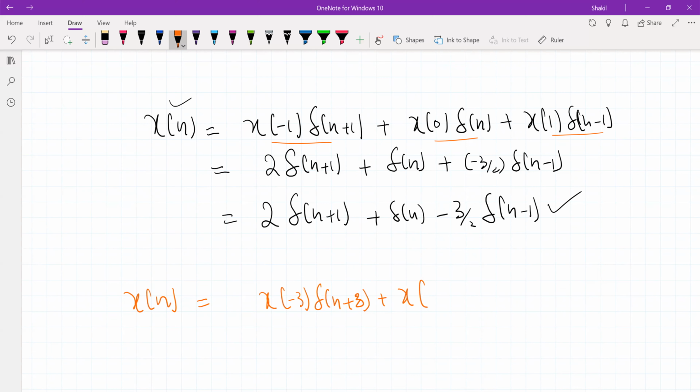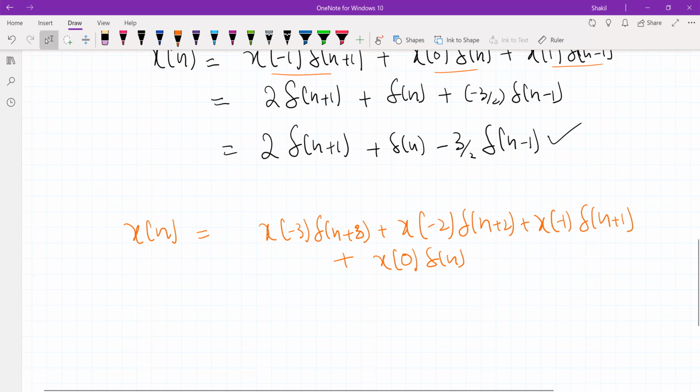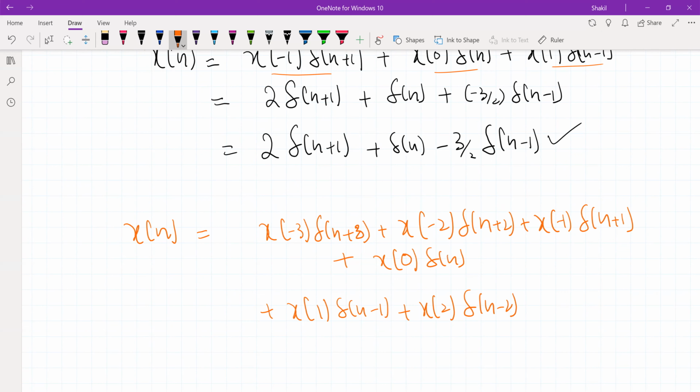First, let me start with the negative values. x of minus 1 delta n plus 1, plus x of 0 delta of n, plus x of 1 delta n minus 1, plus x of 2 delta n minus 2, plus x of 3 delta n minus 3.